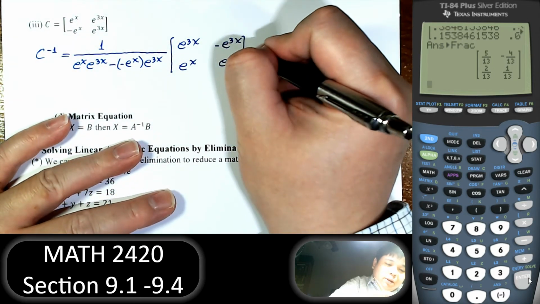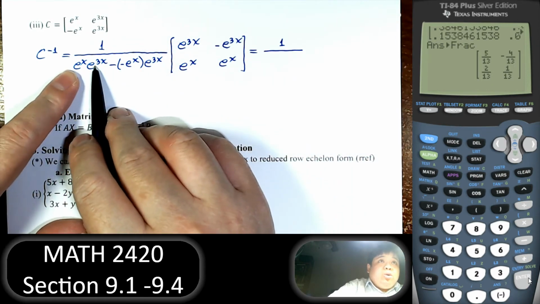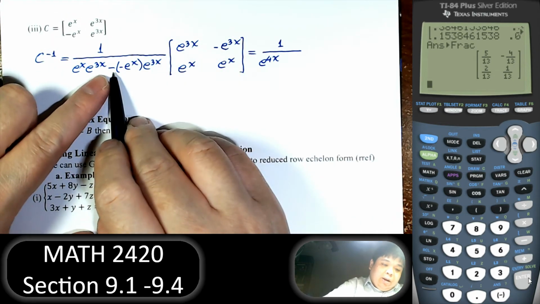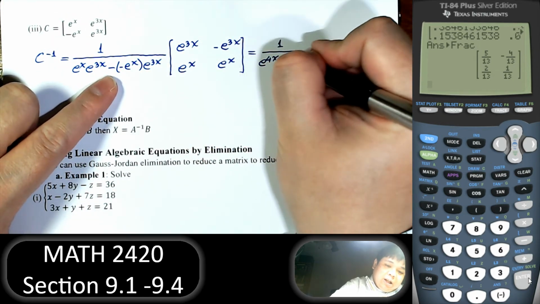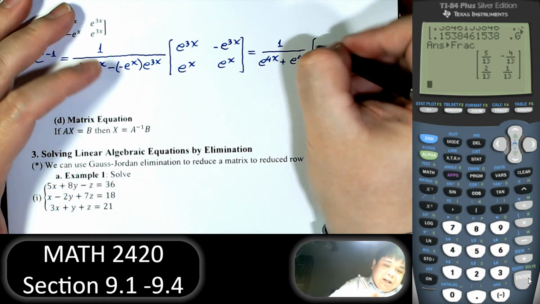Next. E to the x times e to the 3x is e to the 4x. Minus a negative, that's a plus e to the 4x. And I just copy the others.